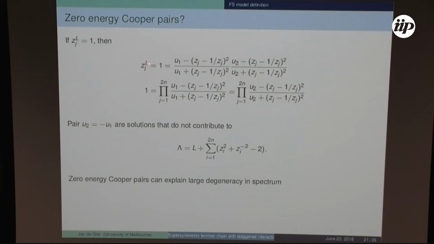I still have that z to the L is equal to 1, and I just need to solve this second Bethe equation for u, and I don't change the energy at all. So if you are at a given energy level, you can just create excitations with zero energy. And you can create many of them. Every time you create such a pair, you create a new eigenstate but with the same energy. So that creates a very large degeneracy. So we think of these as Cooper pairs.